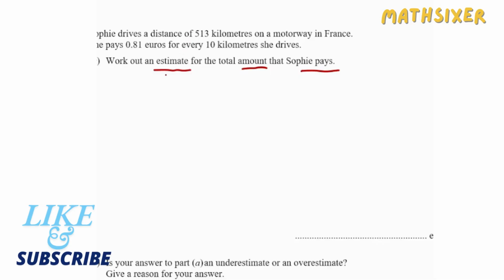For an estimate, pay attention to this word. The total distance is 513 kilometers. If you write this number to one significant figure, we look at the next digit. The next digit is less than 5, so that becomes 500 kilometers.